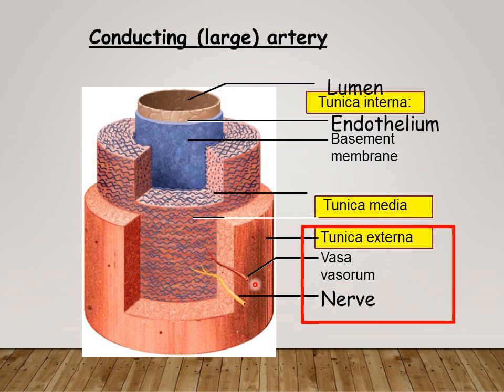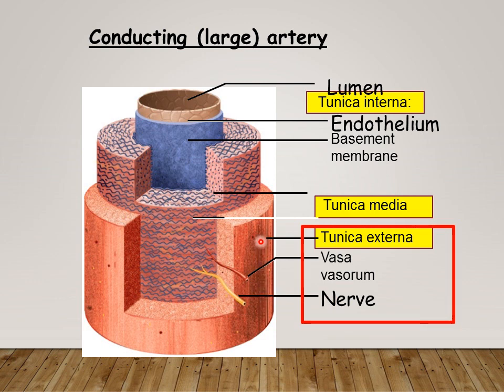So that is the feeding vessel of that artery. This is known as vasa vasorum. And the nerves, definitely you have seen blood vessels have the function of vasodilatation and vasoconstriction, which is dependent upon nerve stimulation. So the nerve is also passing through that tunica externa.